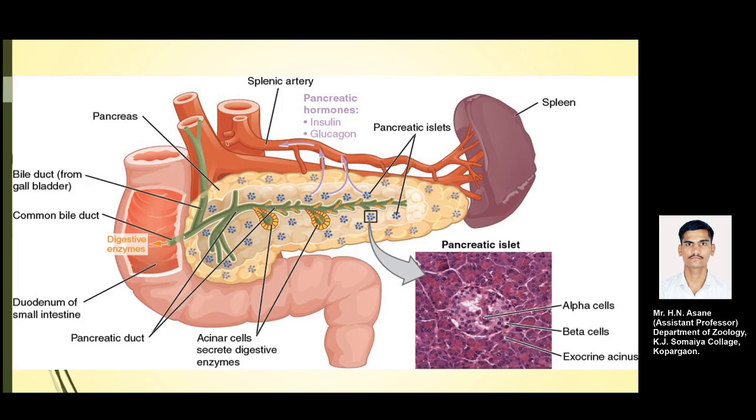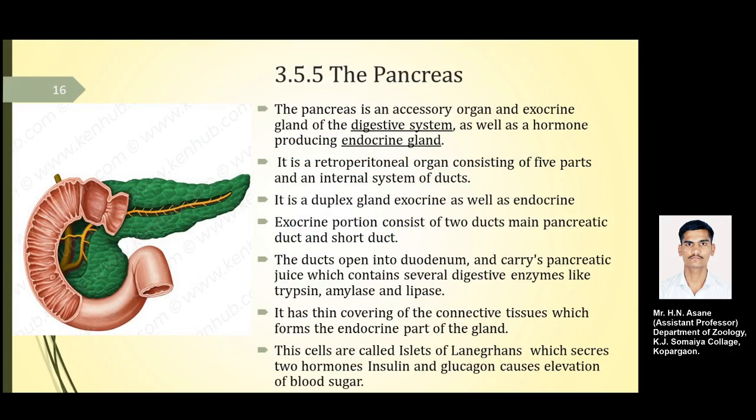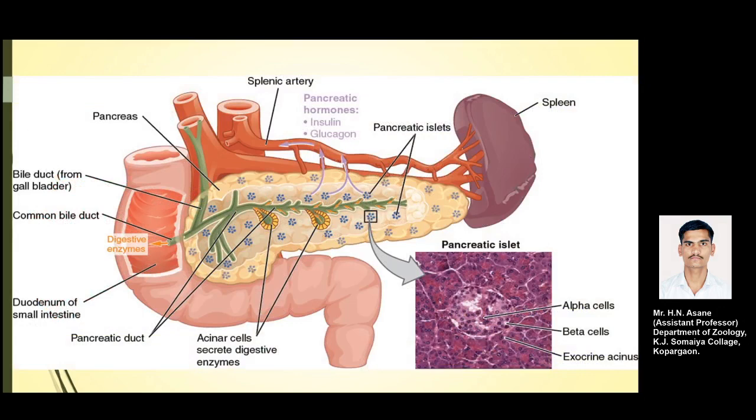This pancreas has a duct system, which is formed by these acinar cells that secrete digestive enzymes like salivary amylase, trypsin, amylase and the lipases. These secreting cells are known as the acinar cells.